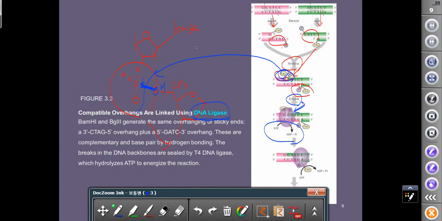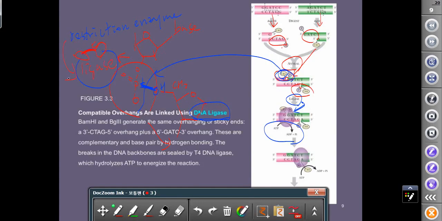So first you have to cut with what? Restriction enzyme. Let's say you have this DNA, you cut, these are the cut fragments, and you have to seal again with the ligase.